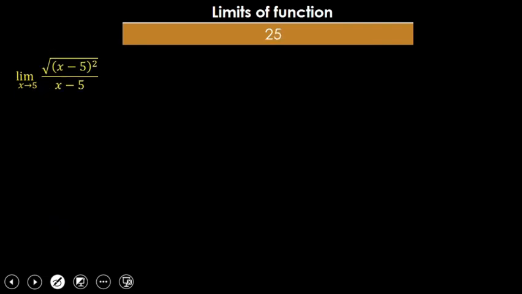We have the limit as x tends to 5 of the square root of that. Here we are also going to do both parts of it. We first of all find the variation of it. x is equal to 5. Here is 0, 5 minus that here is negative, here is positive.